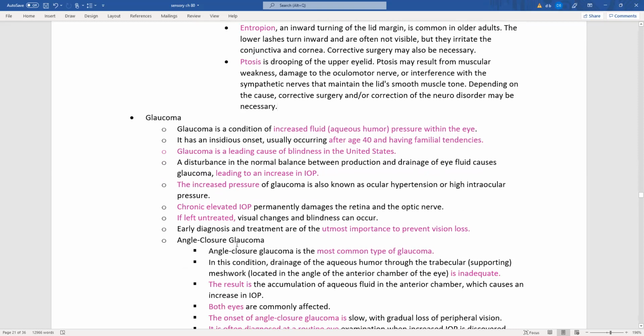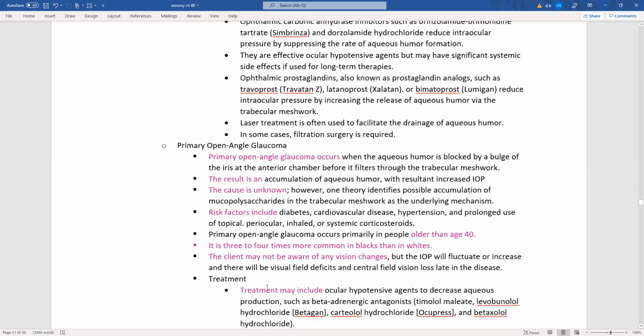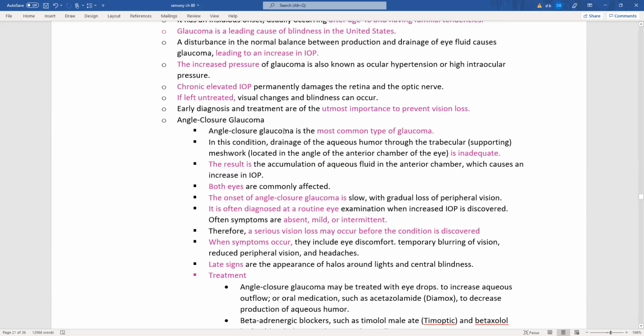Angle closure glaucoma, this is the most common type. Okay, so let me read about this. In this condition, the drainage of the aqueous humor through the trabecular meshwork, which is the supporting meshwork located in the anterior chamber of the eye, is inadequate. It's the front part of the eye, in each corner.